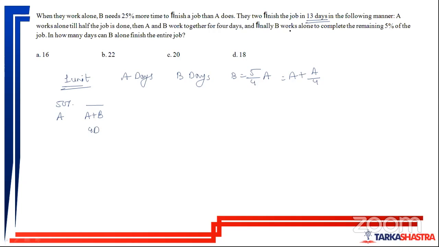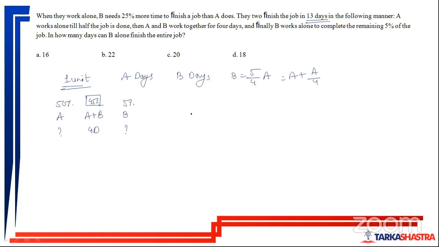And finally, B works alone to complete the remaining 5%. I don't know how many days are taken by B alone, A alone. But I do know that the work done by A and B together was 45% of the total work.